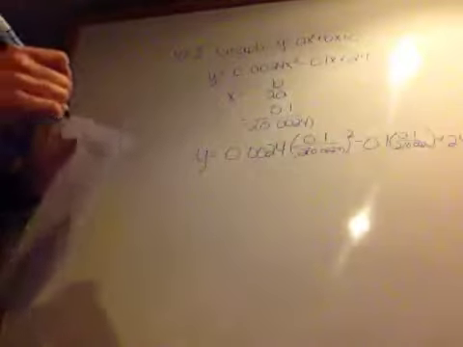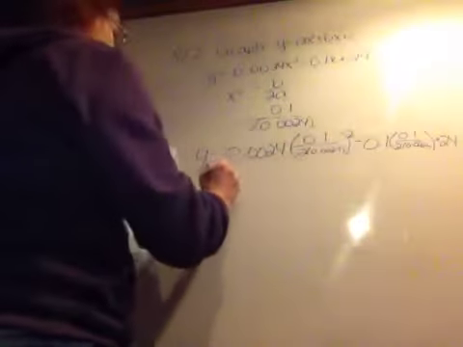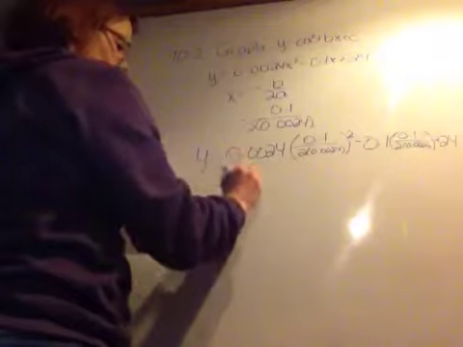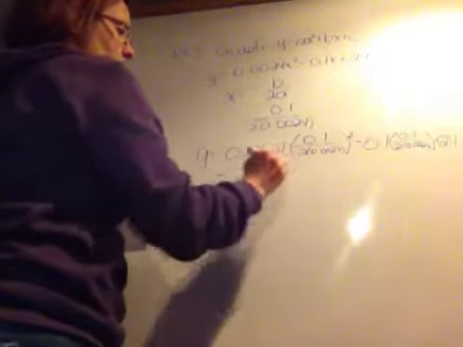And then when you calculate that, you get about 23 feet for your minimum value.